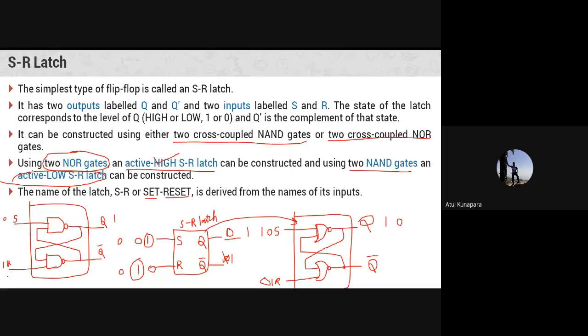Okay, let me just tell you. Active high means the signal which is going to activate your output ultimately. Okay, let me give you an example here.